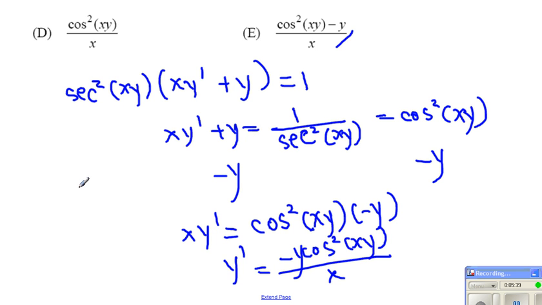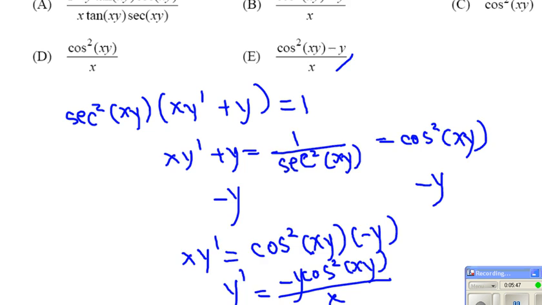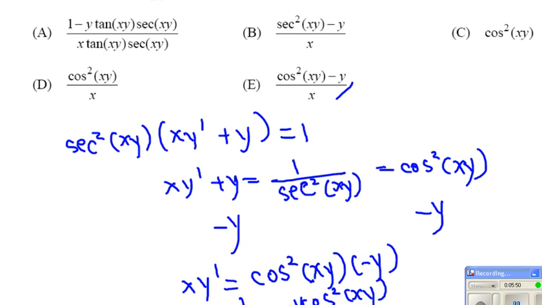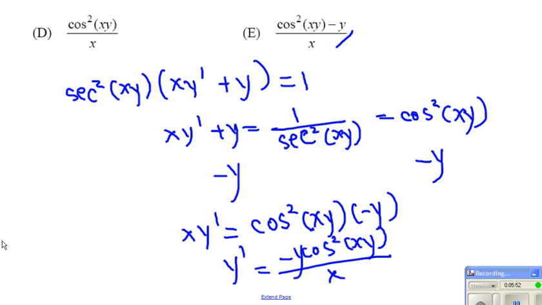So that would have been our answer, which is why we get E as our answer, therefore.